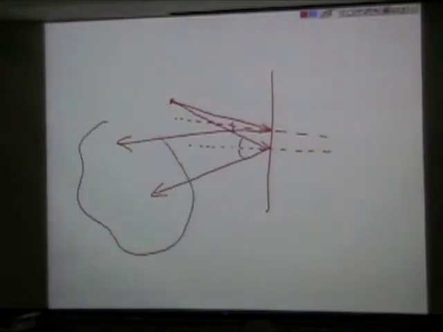So having these rays in this region is not good enough yet to form an image. These rays are supposed to be converging in order to form an image. Even if you place a screen over here, it's still not going to help.